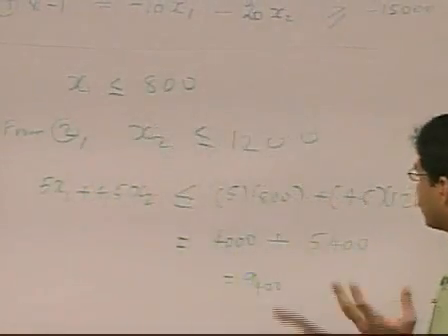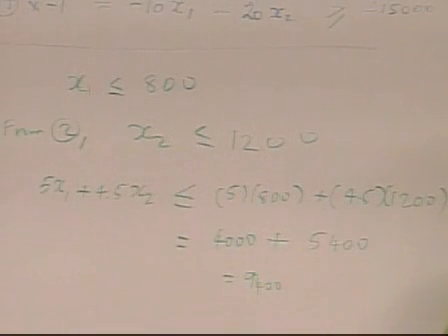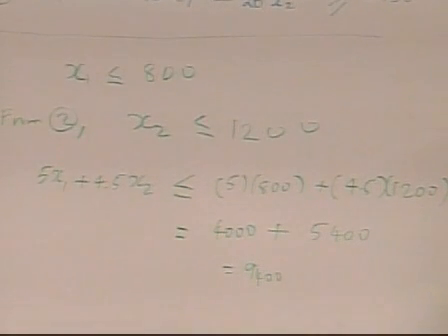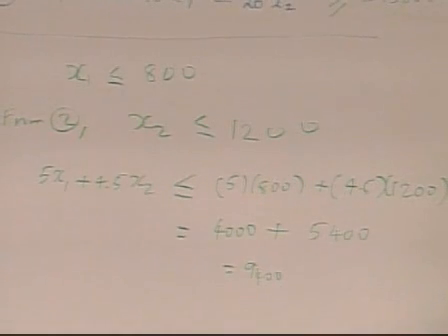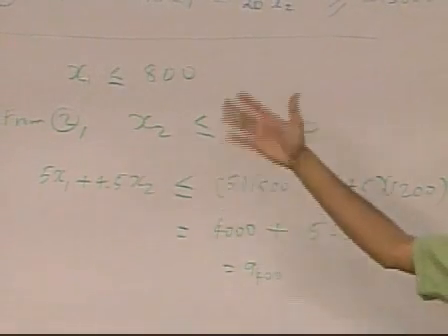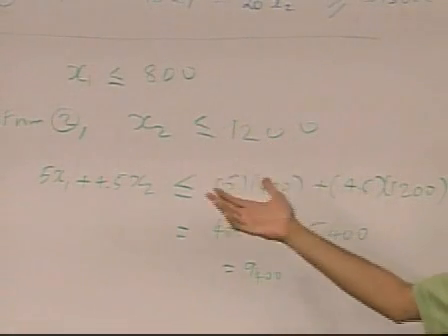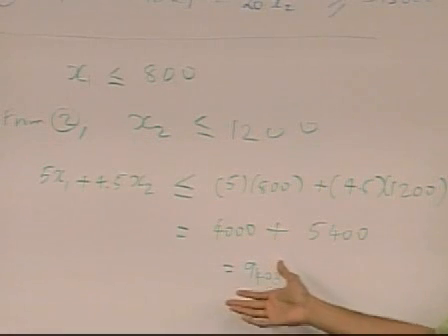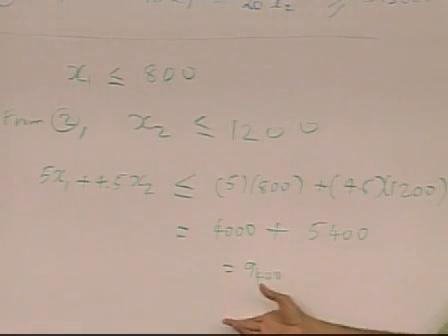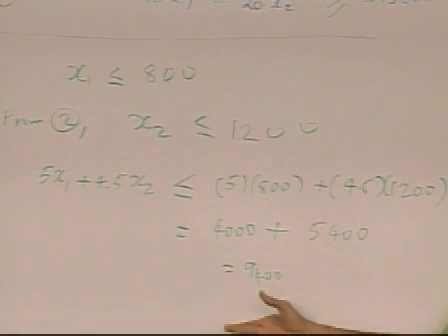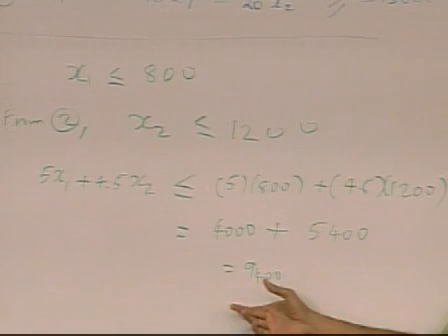So in other words, if somebody comes to you and says, oh, I have a way of making $10,000 profit per week for this particular flexible manufacturing problem, then you know not to believe that person, because now you have a proof that no matter what you do, you cannot do better than 9,400.